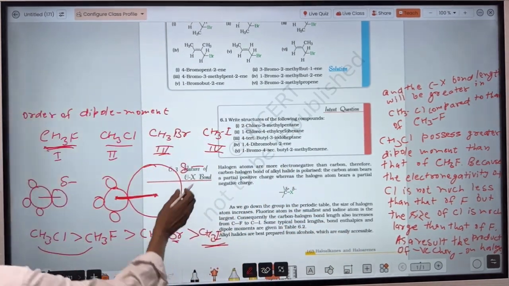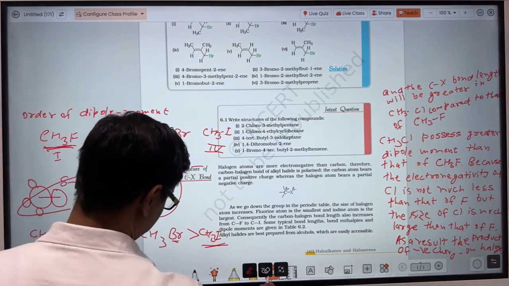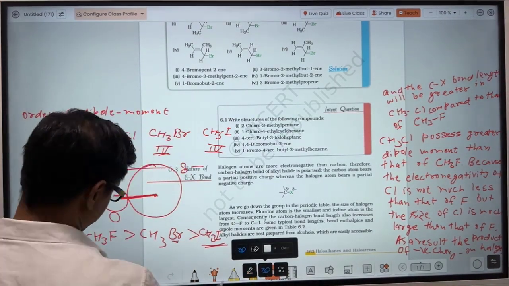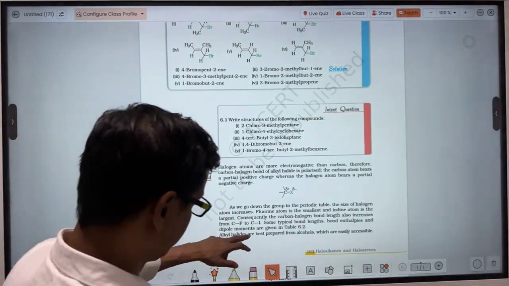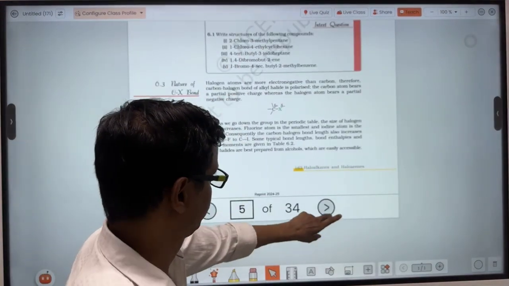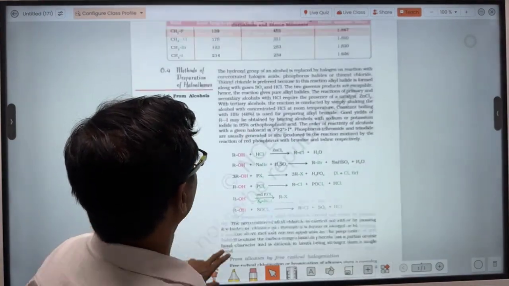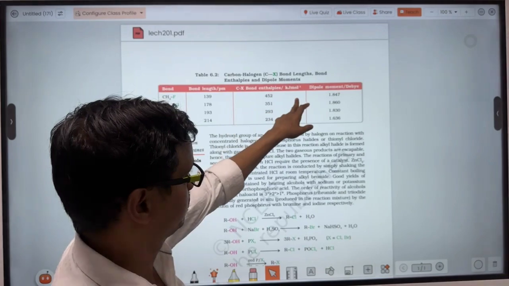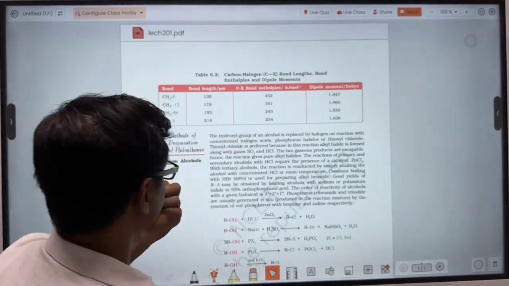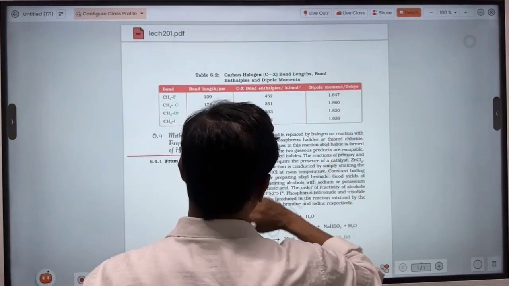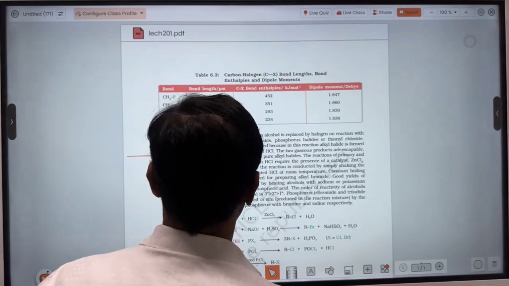Then after is here. So let's see, that was about this one. You may verify here the dipole moment of CH3F is this much and that of CH3Cl is that much.